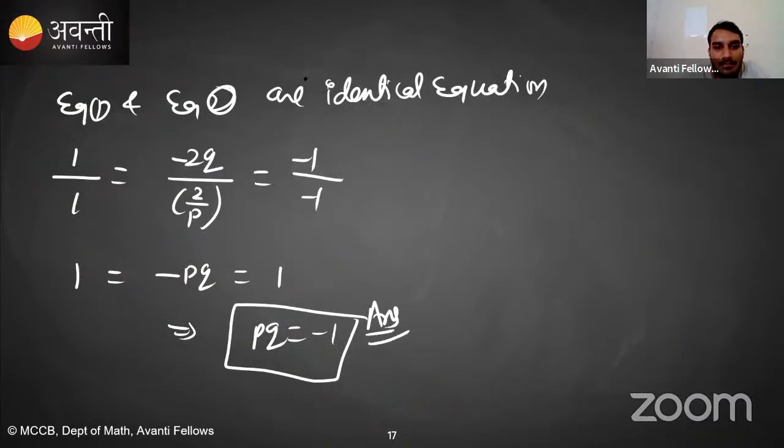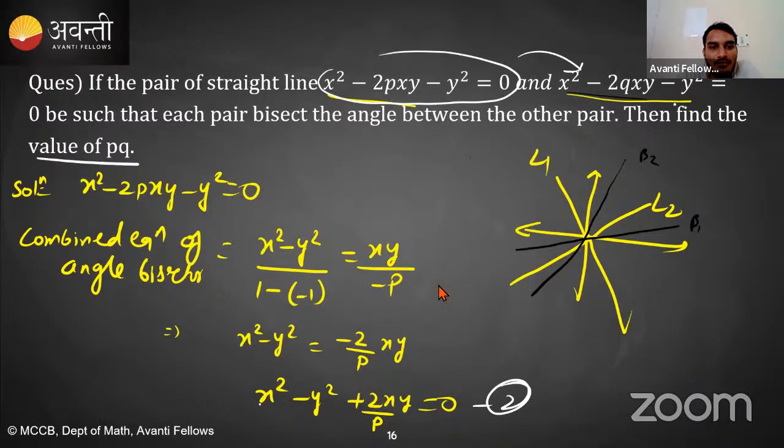Clear, everyone? Tell me quickly in the chat box, is this clear or not? This is a very conceptual question. The language of the question can sometimes be confusing, but you have to understand what the question is saying.